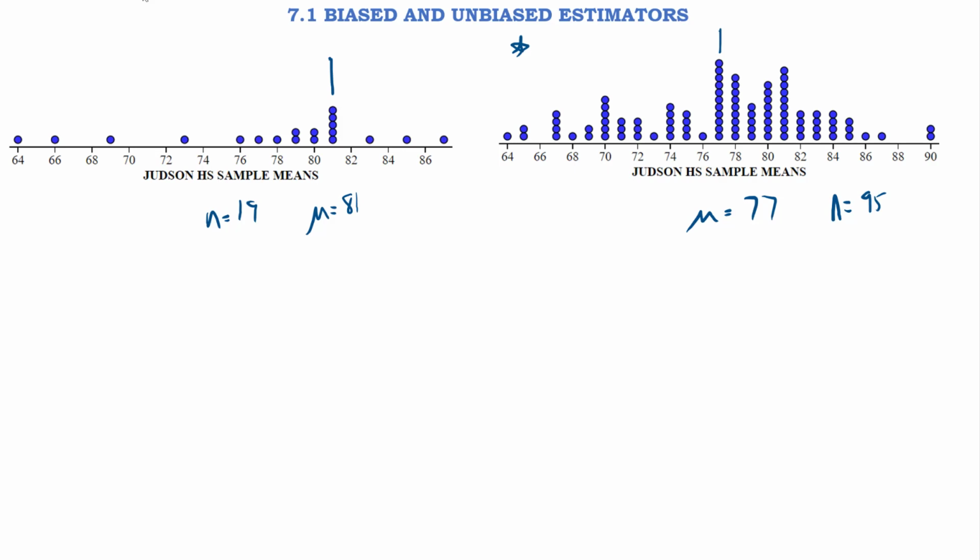So with that, that's when it falls into being biased, right? Because this was only a 19, a smaller sample size compared to our 95. So in this case, since the mean value was higher, our mean value for only 19 was sitting over here at 81.